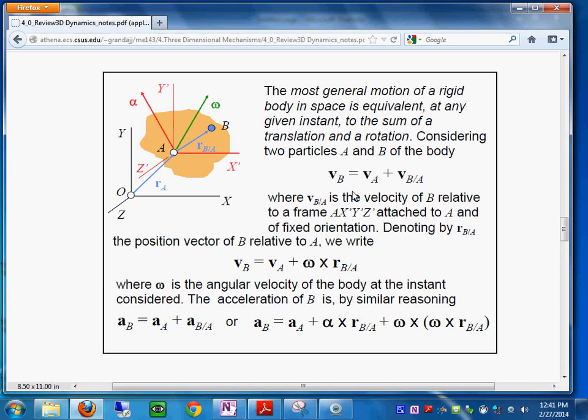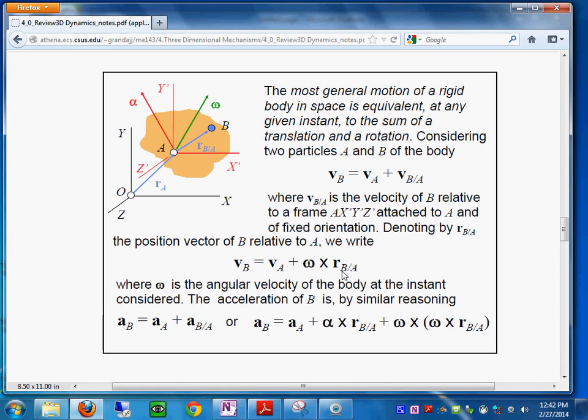So what we have in here is that the velocity of a point is the velocity of another point plus the relative velocity between those two. This is a very basic principle of kinematics. The velocity of B then becomes the velocity of A plus omega cross RPA, where omega is the angular velocity of the body at the instant considered.